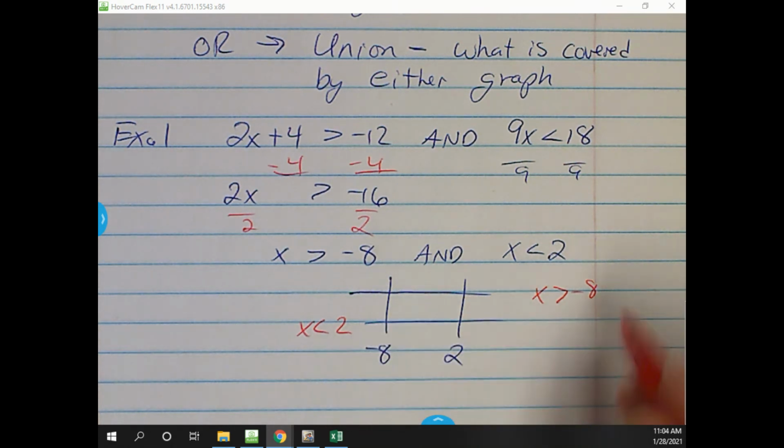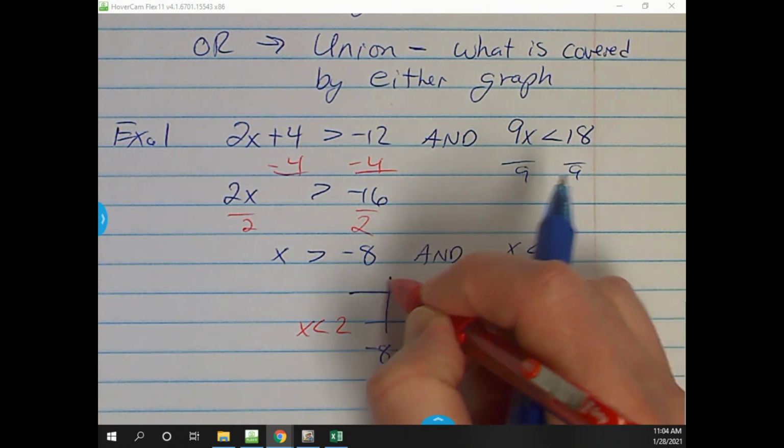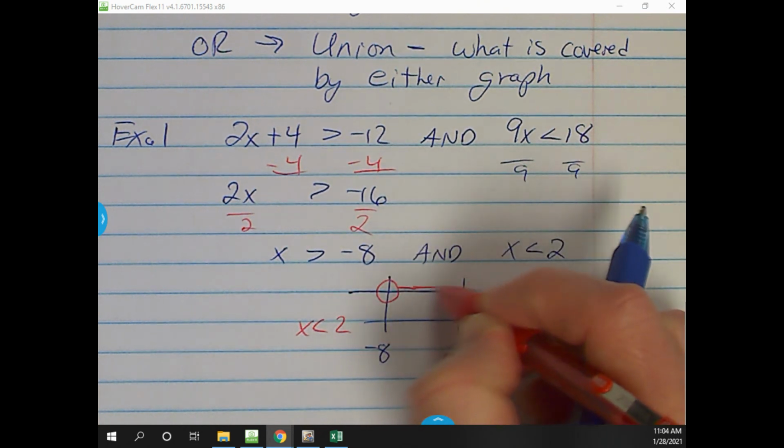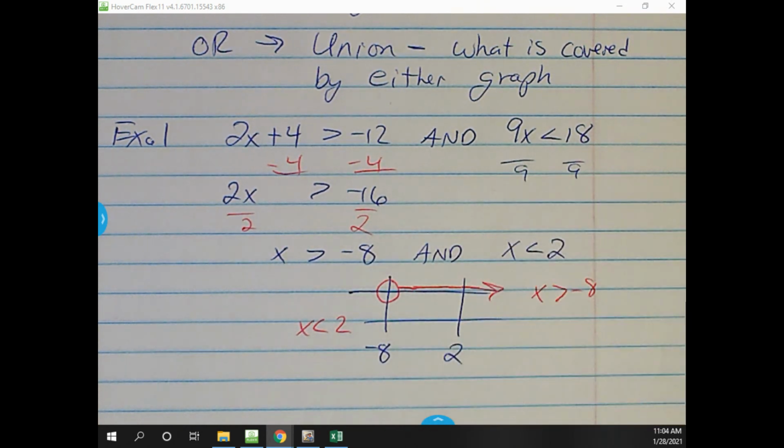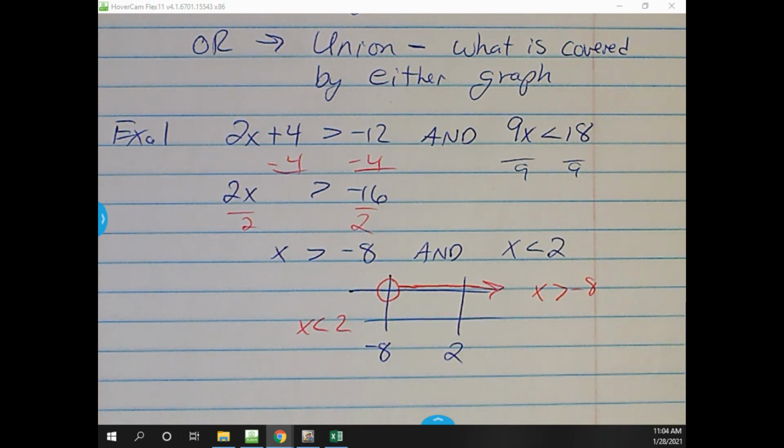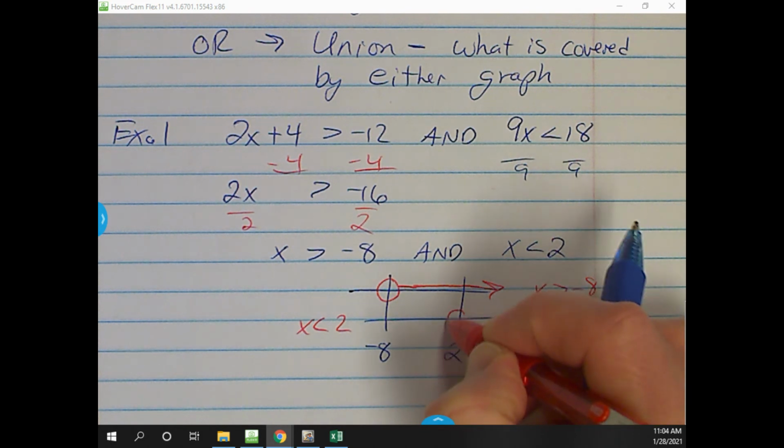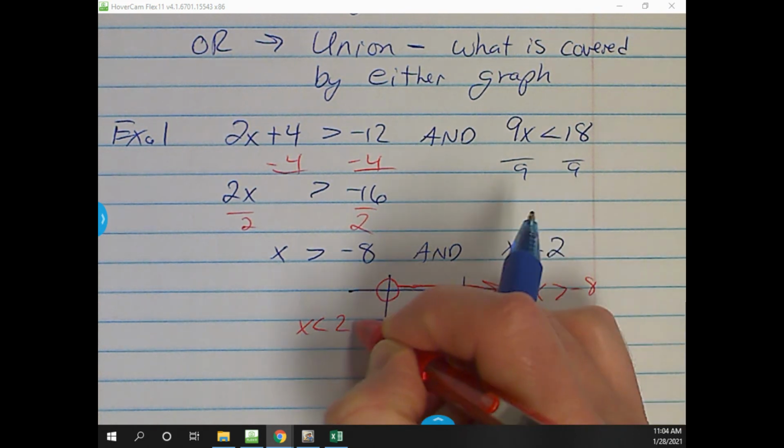On the top part, x greater than -8 is an open circle here and off in that direction. And if we do x is less than 2 on the bottom, that's another open circle here, and that one's headed in that direction.